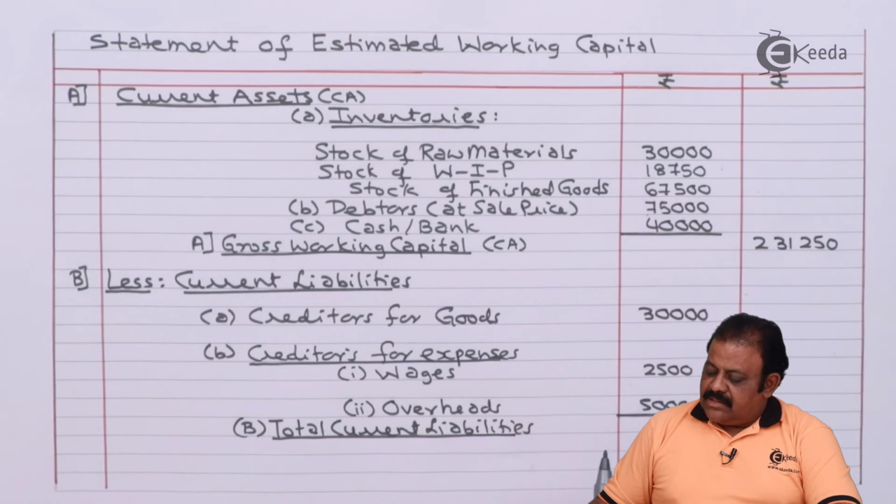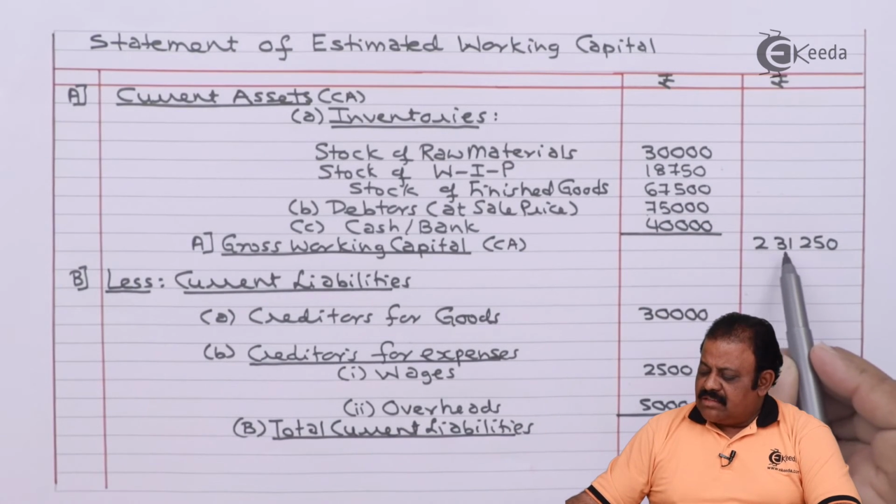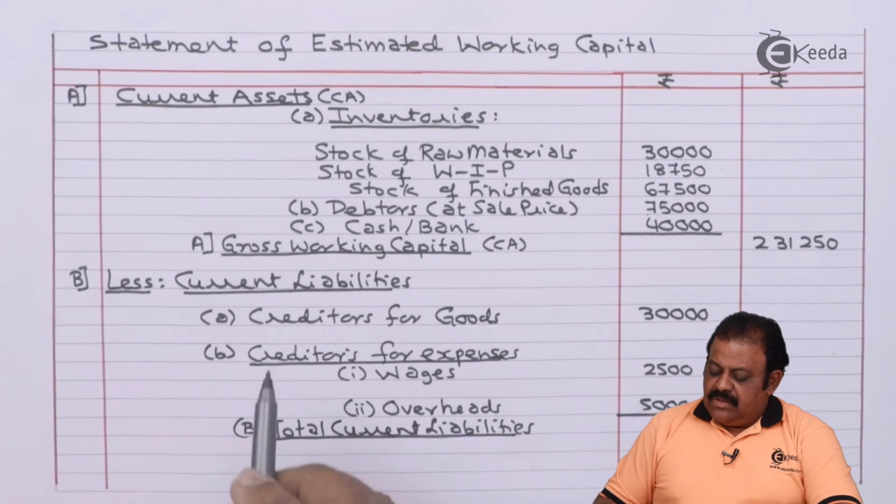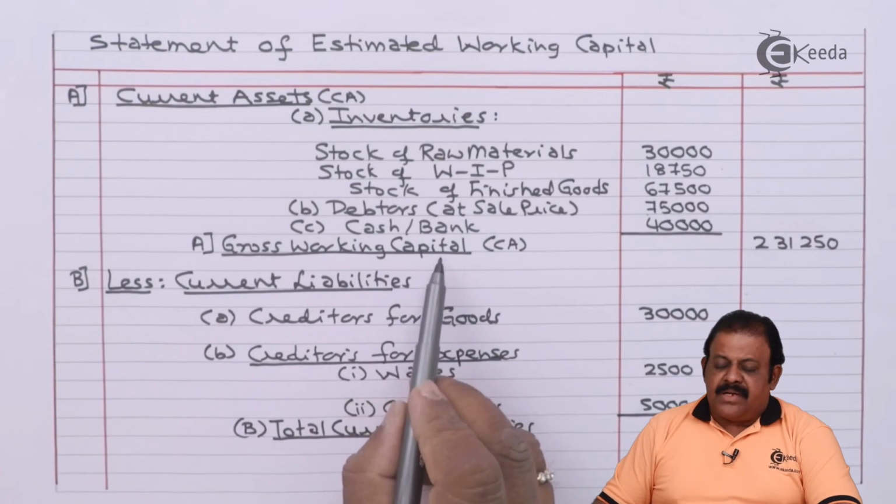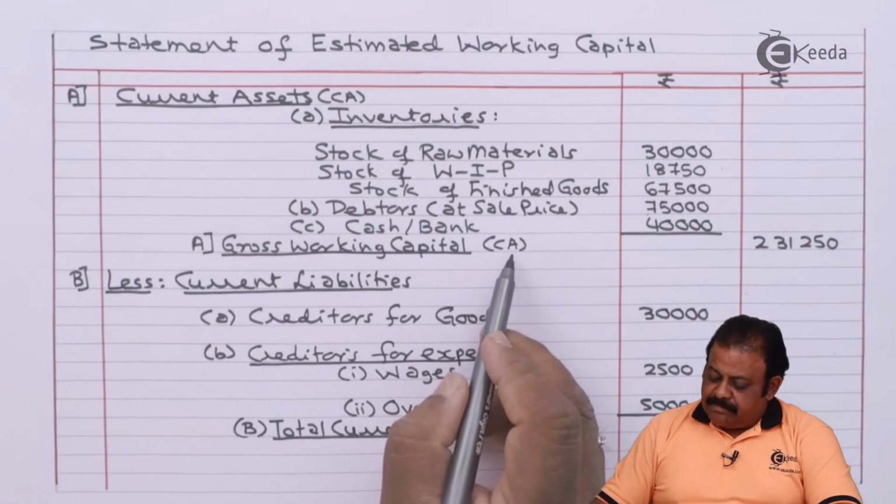Total of all current assets is 2,31,250, that is gross working capital or total current assets.